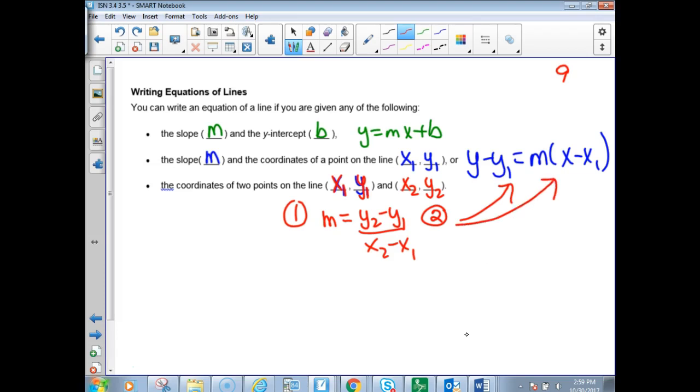Okay, substitute those values into that formula. Use point slope. All right, so the only extra step when you have 2 points given is you have to find the slope using the slope formula. Then you plug one of the points into the point slope formula.